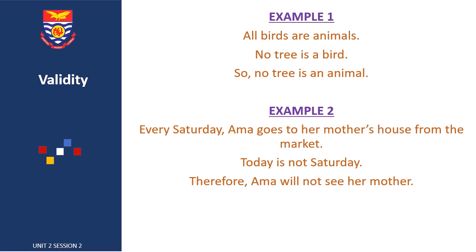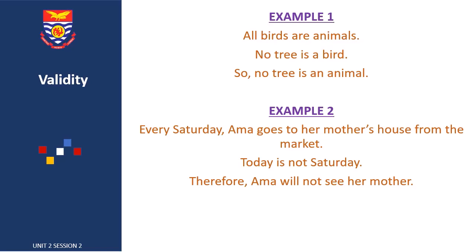Now, to make the assertion that every Saturday, Amma goes to her mother's house from the market doesn't necessarily mean that on other days which are not Saturday, Amma doesn't go to her mother's house. So, since today is not Saturday, you cannot be sure to say that Amma will not see her mother. Maybe there are other days on which Amma could see her mother and not necessarily Saturday.